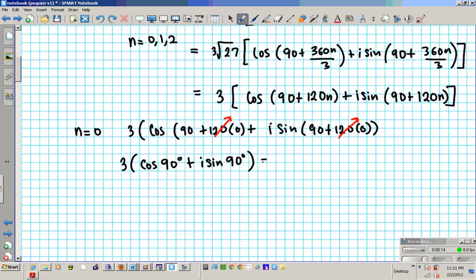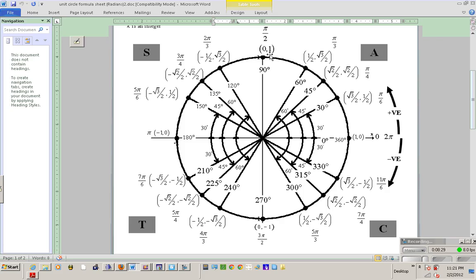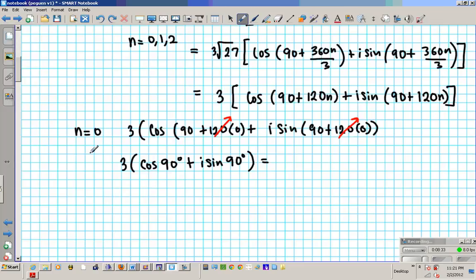Okay? So what is this in rectangular form though? Where is 90 degrees on a unit circle? It's on the upper y-axis, right? So the point is (0, 1). Let's look at that unit circle real quick. 90 degrees right there is (0, 1). The x-coordinate is the cosine, the y-coordinate is the sine.